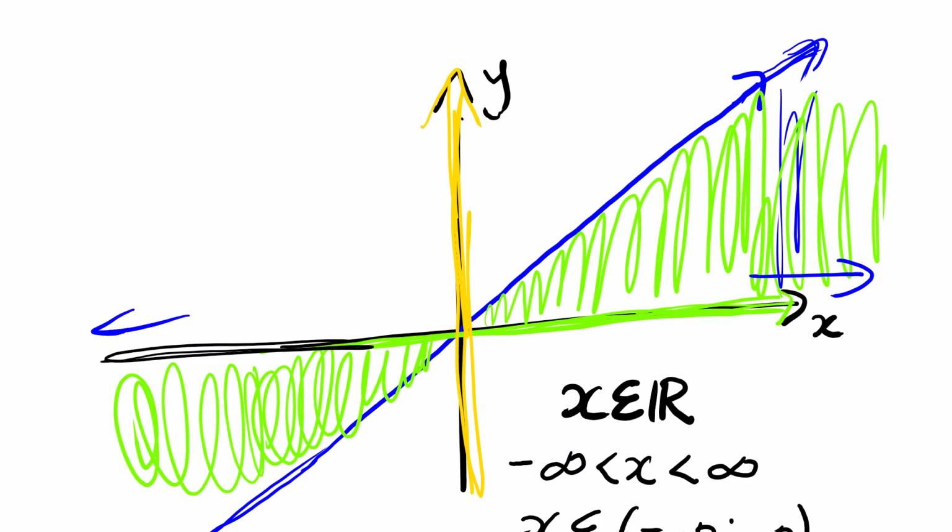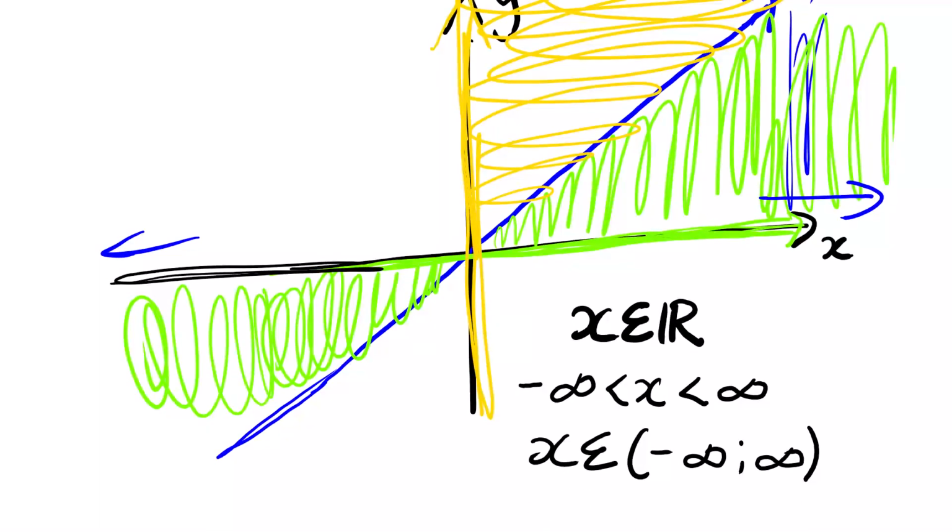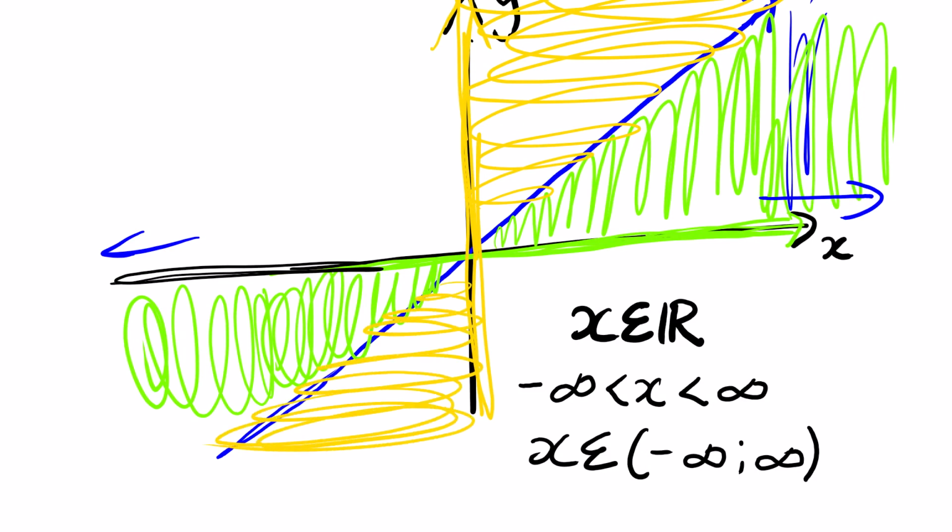In this case, you can see that on the right hand side of this y-axis, our graph is there. Then going to the negative side of the y-axis, you can see that on the left hand side the graph is also there. So you can see that it is the same as our domain.